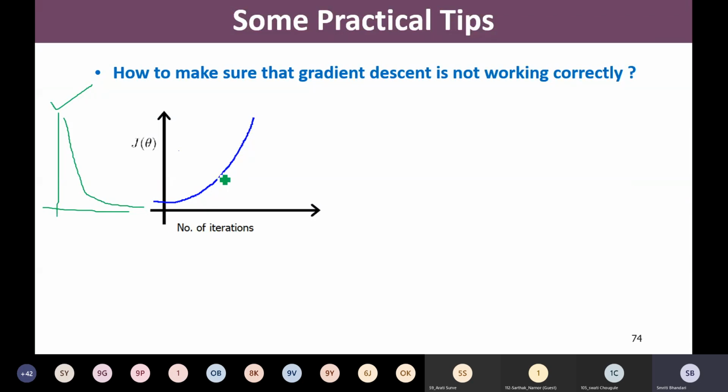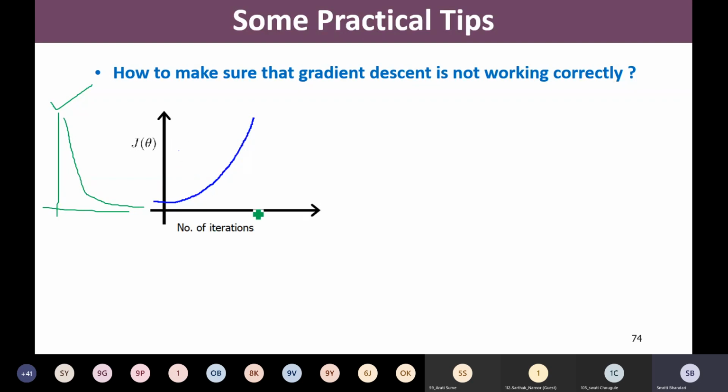But if I am having a plot like this, in every iteration my cost function is actually increasing. If I identify such a scenario, then definitely I can understand that this gradient descent is not working correctly. And what would be the probable reason for that? Why am I getting such a plot?